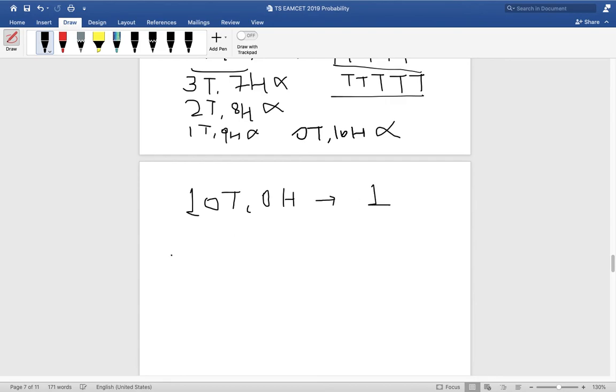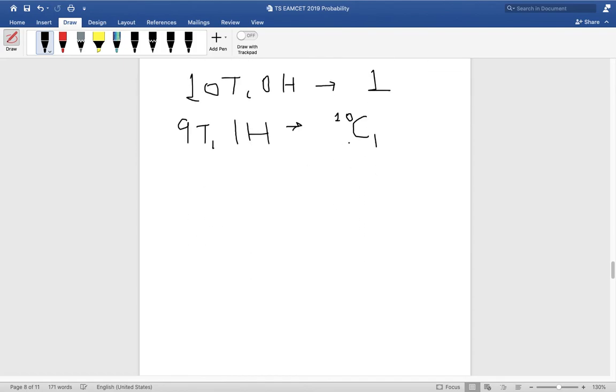Now I have 9 tails and 1 head. How many ways can I do this? It's the same as choosing 1 out of 10, 10C1. Right? If you calculate 10C1, this will be 10.